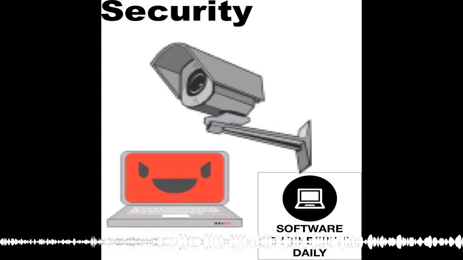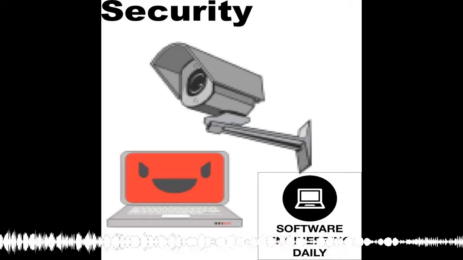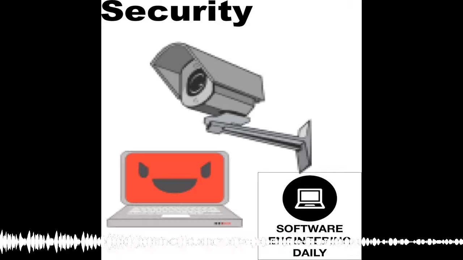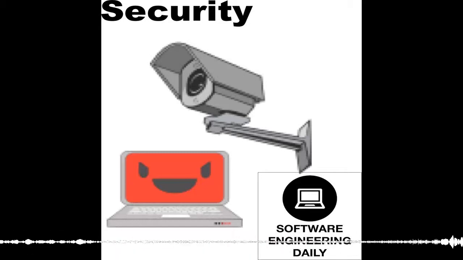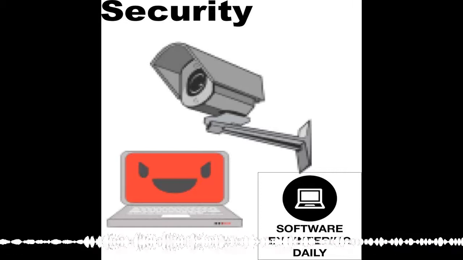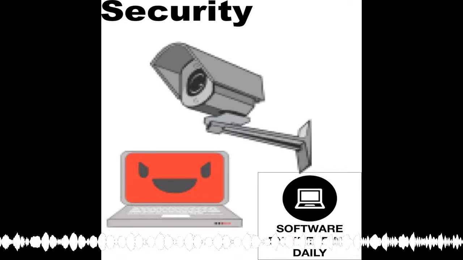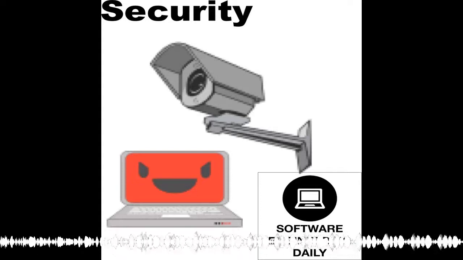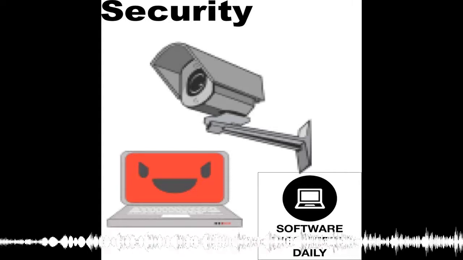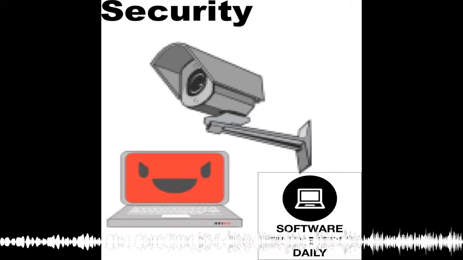Cucumber is very popular, and there's a BDD language that works with Cucumber called Gherkin that many people are familiar with. ThoughtWorks has put out a framework called Gauge that works with Selenium. There's a framework called the Robot Framework, and a new one called Karate that works for API testing.